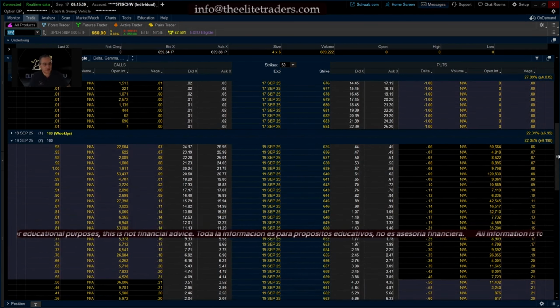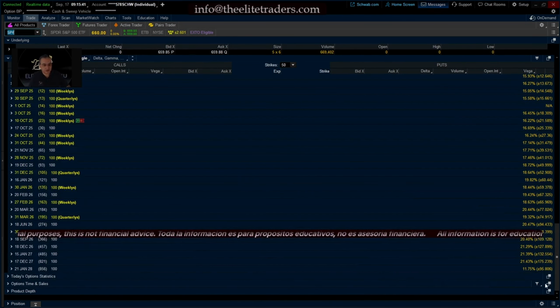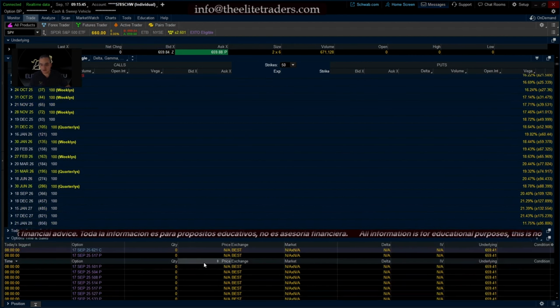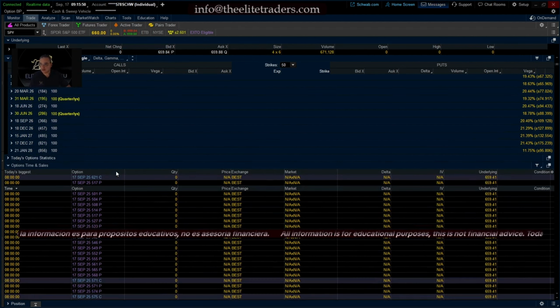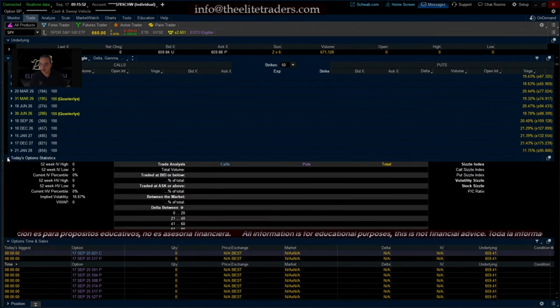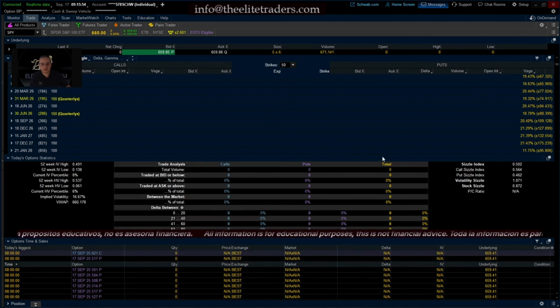We also have in this options market, just like everything else, time and sales. Right now it's not open because for whatever reason, Thinkorswim doesn't want to work. Option statistics. This is something that we use during the day when we are day trading, specifically when we are having, for example, a trend day.